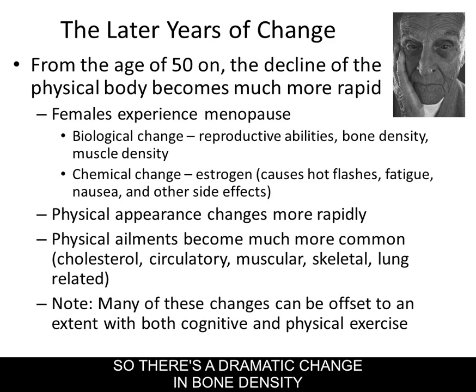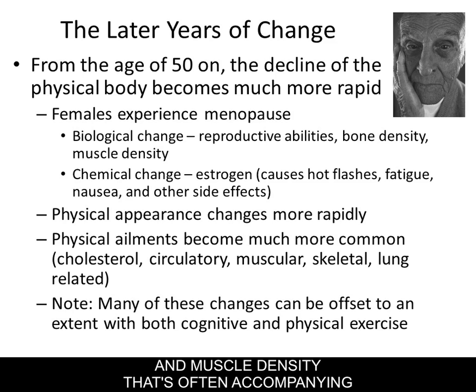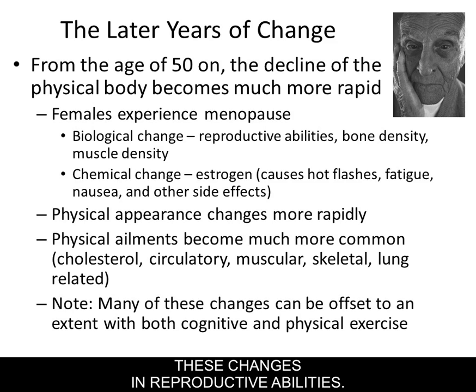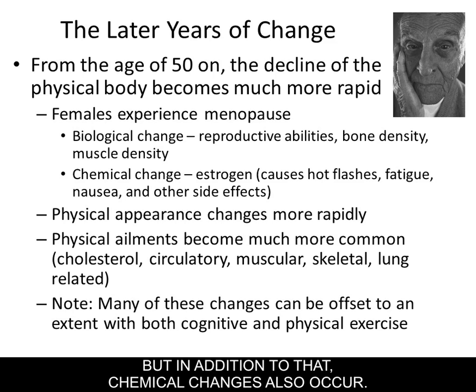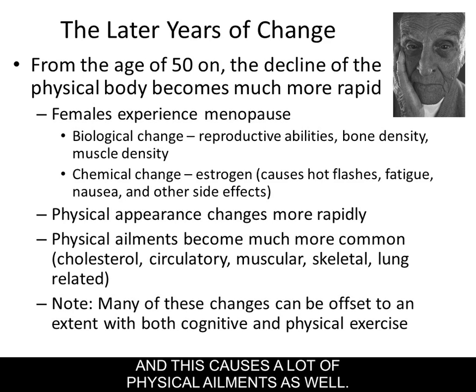So there's a dramatic change in bone density and muscle density that's often accompanying these changes in reproductive abilities. But in addition to that, chemical changes also occur. So estrogen levels drop, and this causes a lot of physical ailments as well.